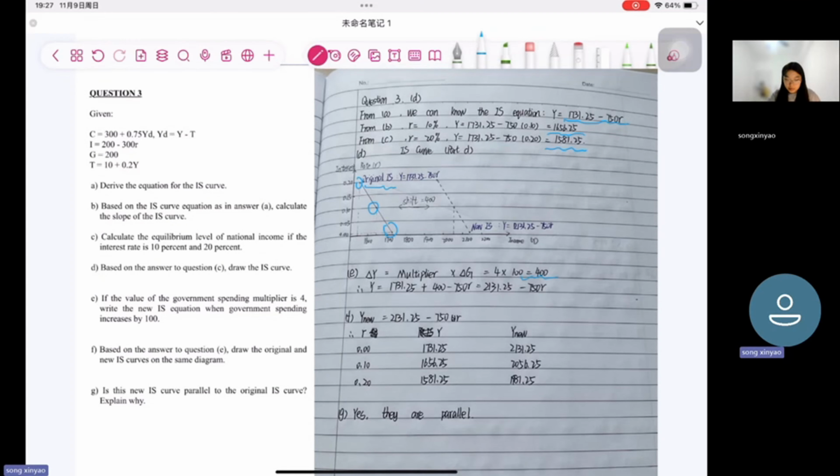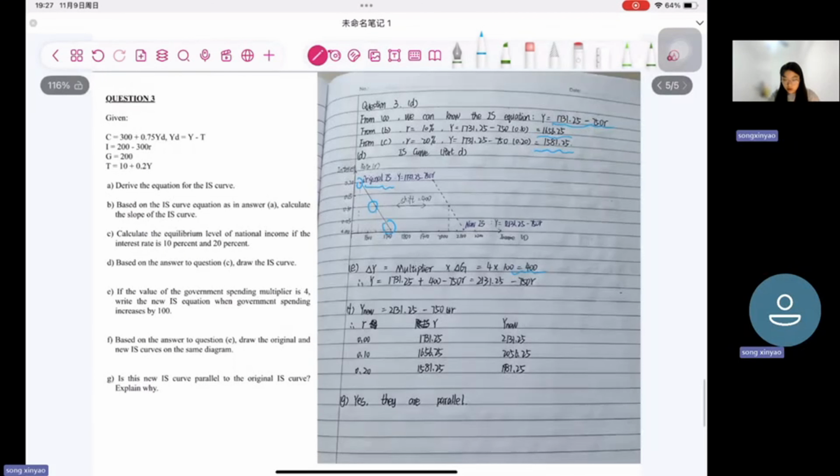So Y equals 2131.25 minus 750R. For F, we use E to get the new Y at these 3 points. Connecting the 3 points, we can get the new IS curve, this one.